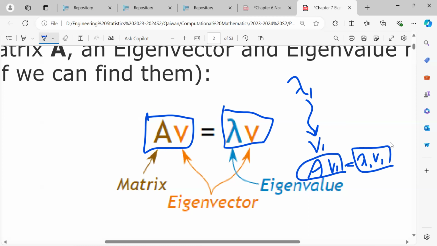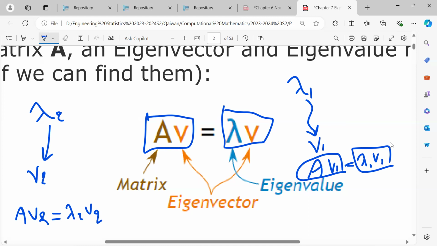If lambda 2 is another eigenvalue, we'll talk about how to find the eigenvectors. V2 is the eigenvector corresponding to lambda 2. Then A times V2 must equal lambda 2 times V2, and then V3 and so on.